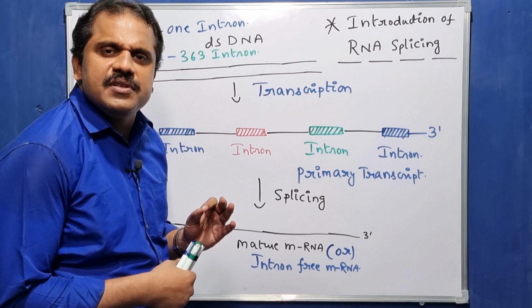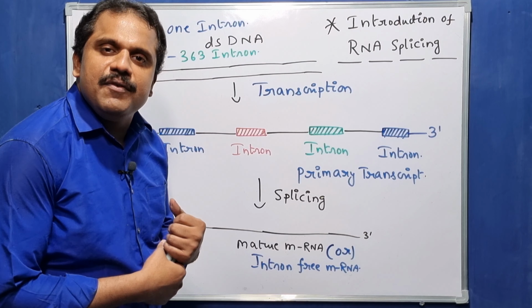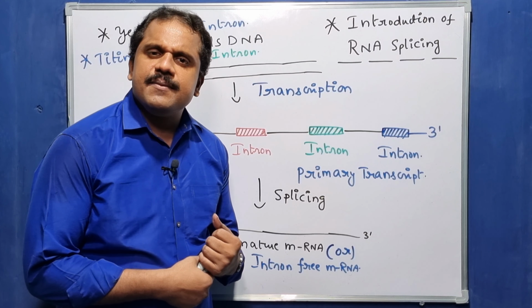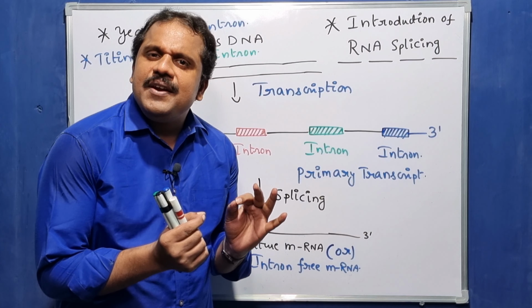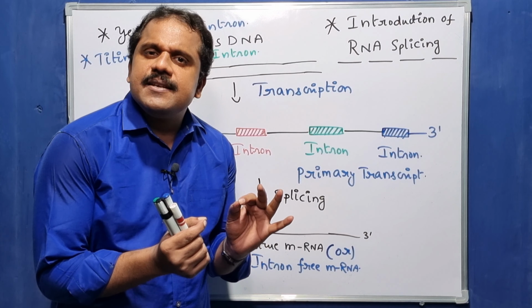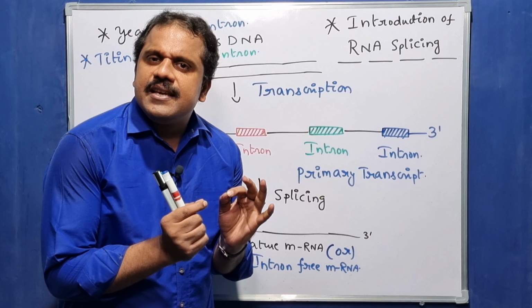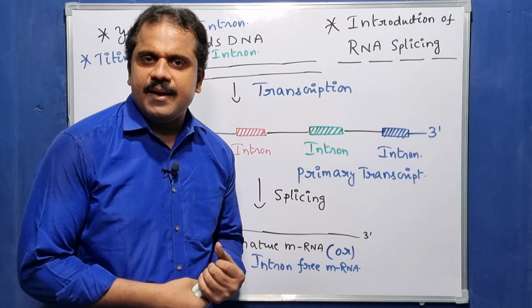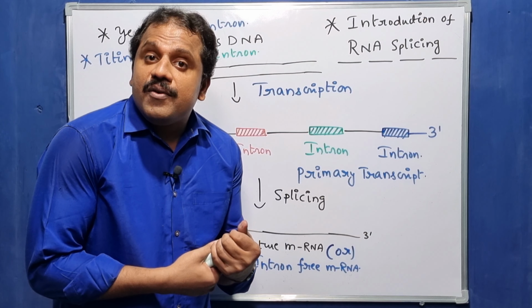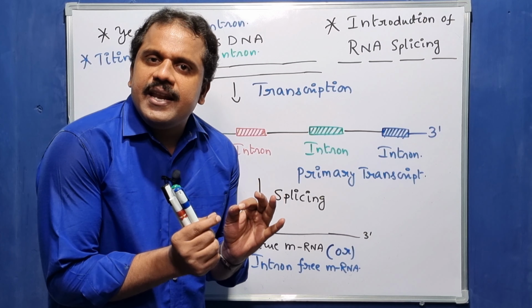Now my question is, what exactly happens to a eukaryotic mRNA if it does not participate in the splicing process? If it does not undergo splicing, the intron remains in association with the eukaryotic mRNA.